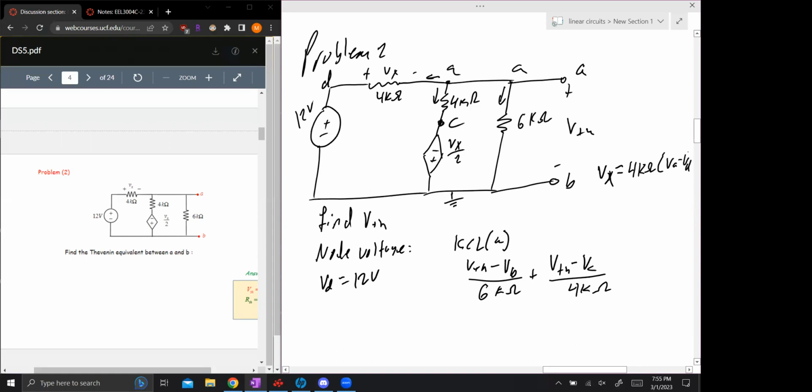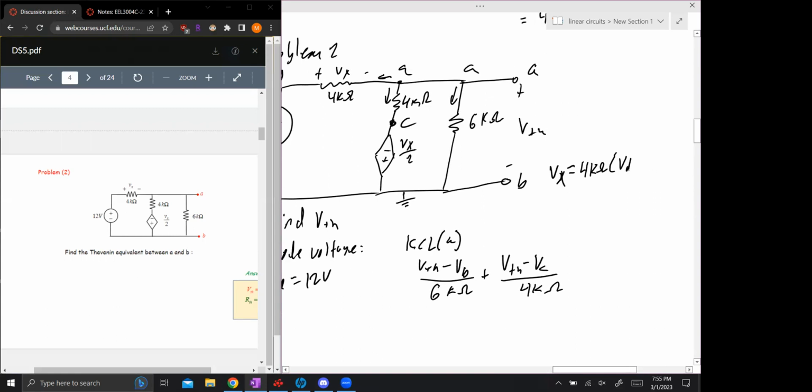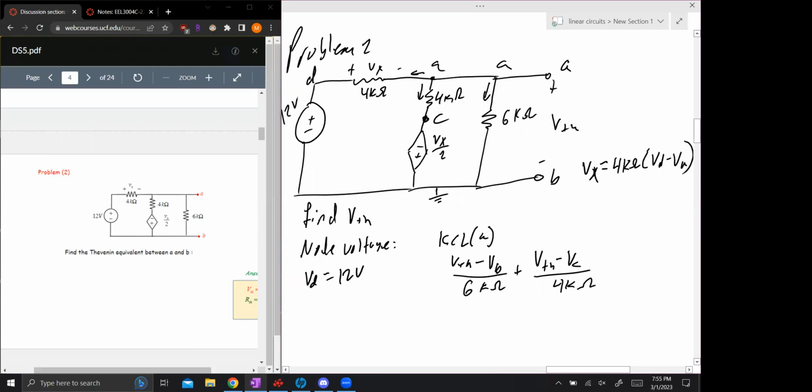Or I'm sorry, no, flip those. Look at the signs on it. It would be VD minus VA. I'm pretty sure that's allowed. I remember doing something like this in class for voltage.